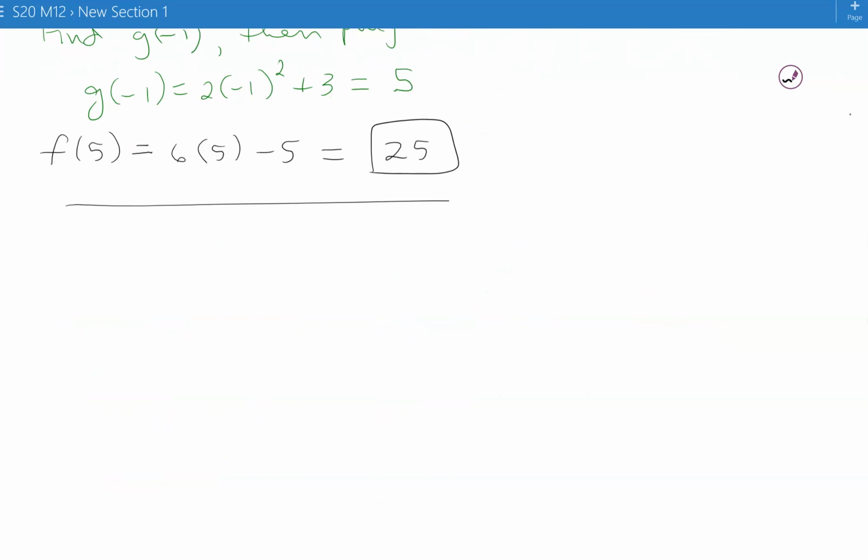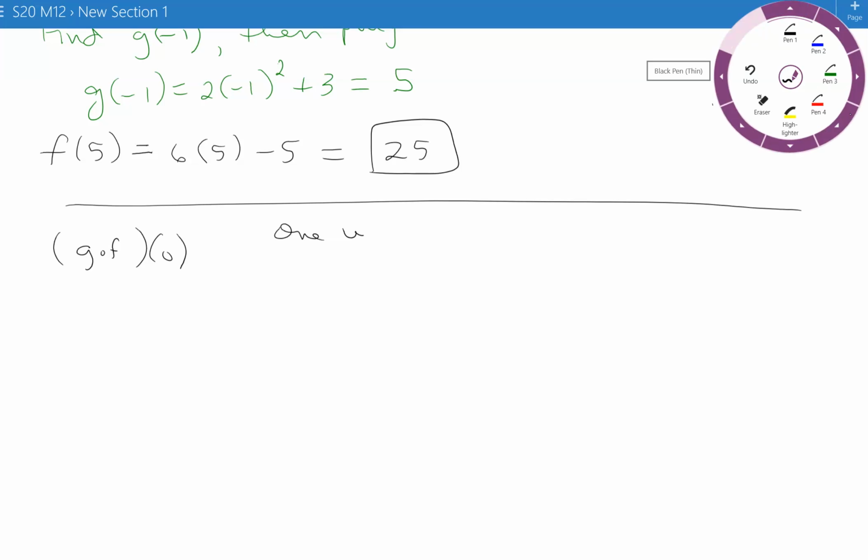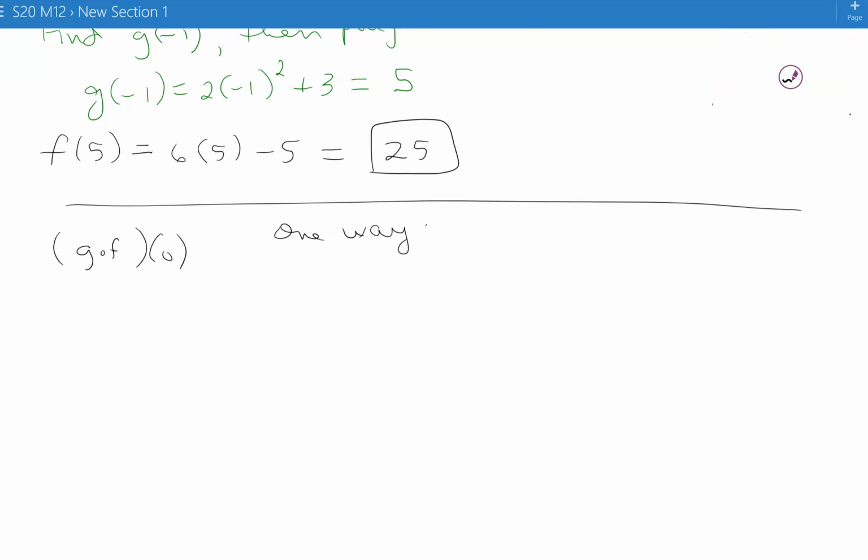Okay, so then the second thing you're asked to find is g of f of 0. So I'm going to show you two ways again. One way is to find g of f of x, then put x equals 0 in.